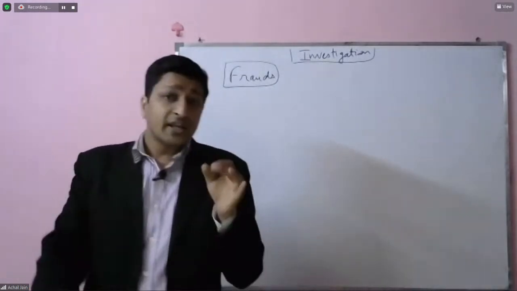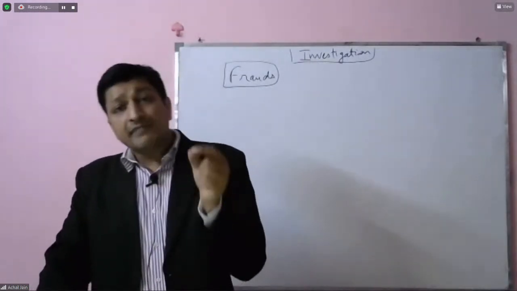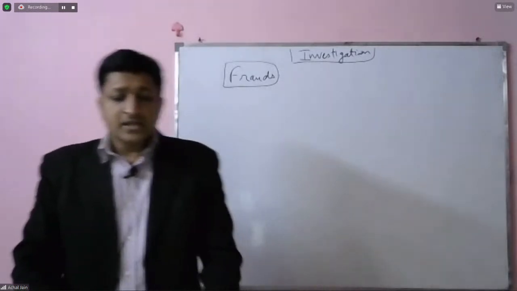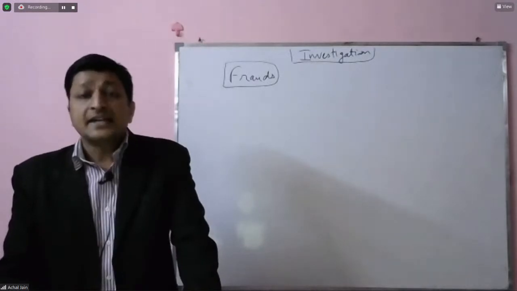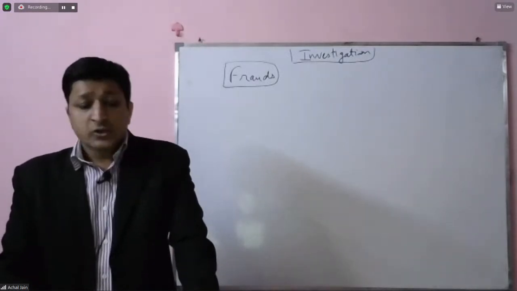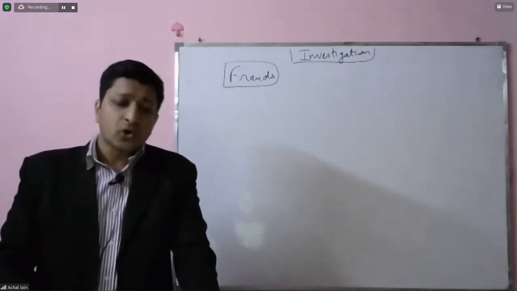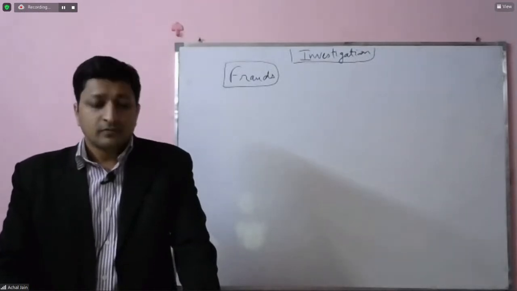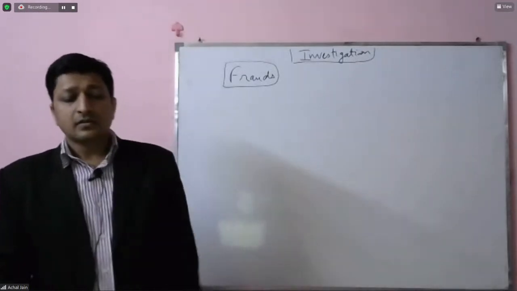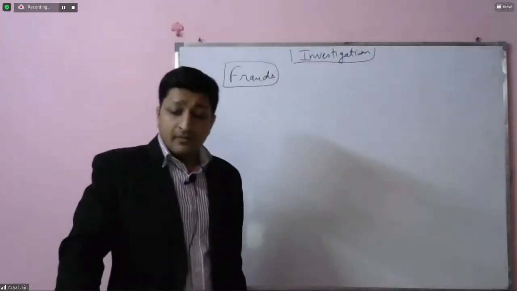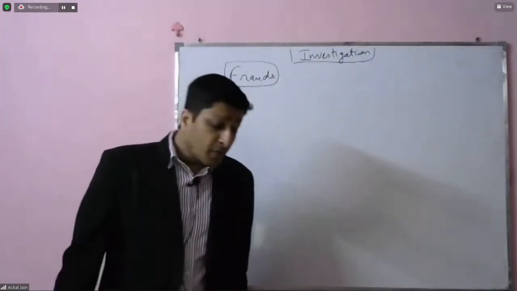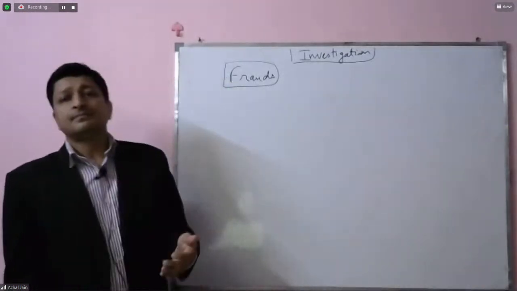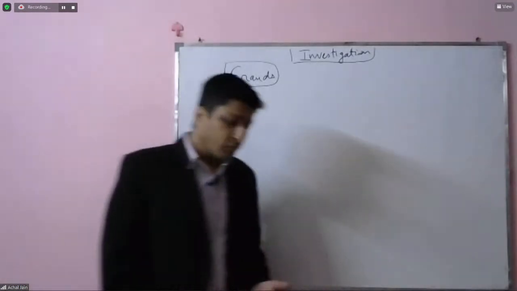Therefore, for detection, particularly when there's collusion, it's very, very important to track the entire system. The entire system of receipts, storage, and dispatch of all goods should be reviewed to localize the weakness in the system. Because now we are looking at a system which needs to be improved.